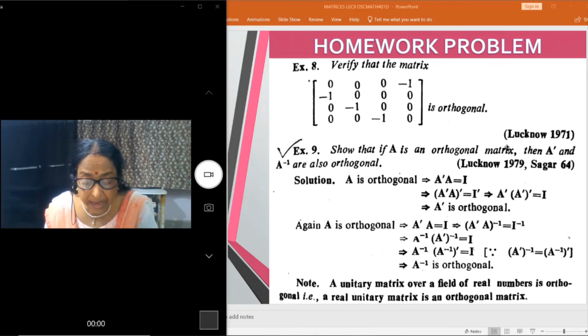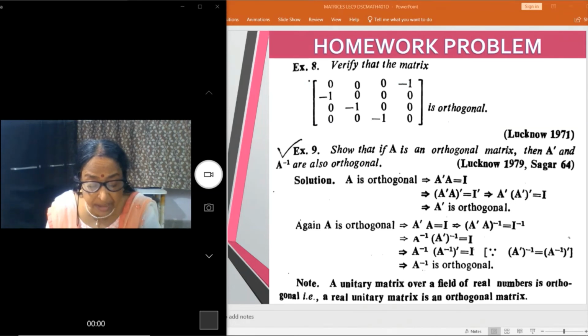Now, again, A is orthogonal, that means A dash A is I. This implies A dash is also equal to A inverse. We did this earlier. Taking the inverse, it alters the second value first, then the first value.